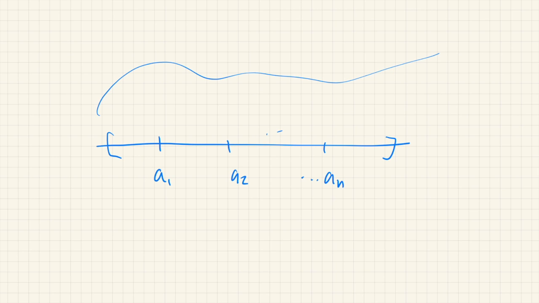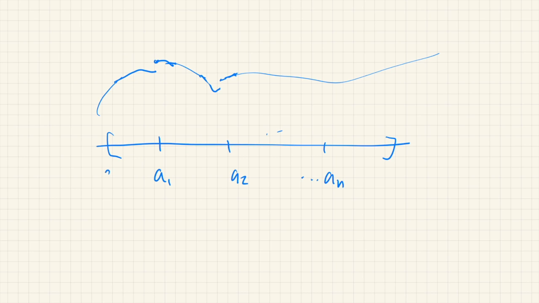They may be discontinuous. So something like this, or this, and so on. So different values here and there. So they can be discontinuous at finitely many points. Now we consider integrating such a function.